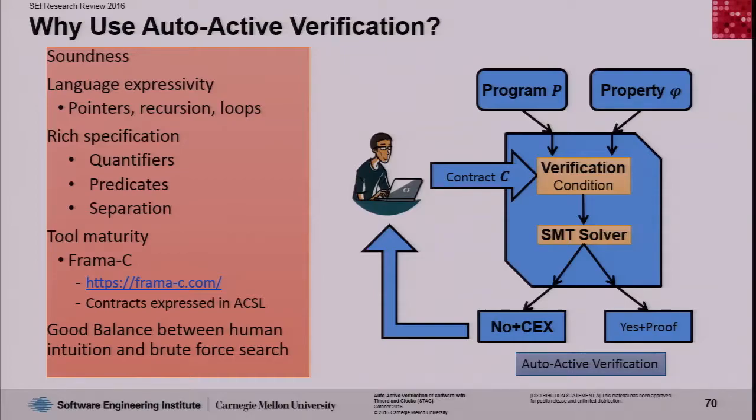What has happened recently is a big explosion in SMT solvers and automated theorem provers, and constructing these verification conditions and checking them can be fully automated, and that's what tools like Frama-C can do. You take C code, you write down the pre- and post-conditions and the loop invariants in a language called ACSL, and Frama-C does the rest for you. That was our approach to proving the correctness of this scheduler.